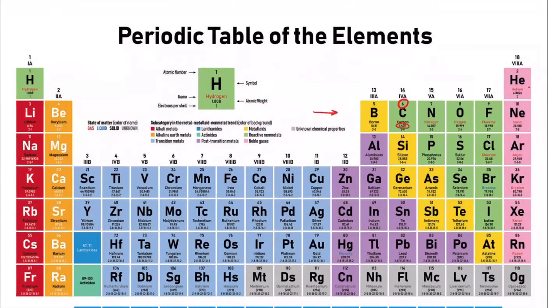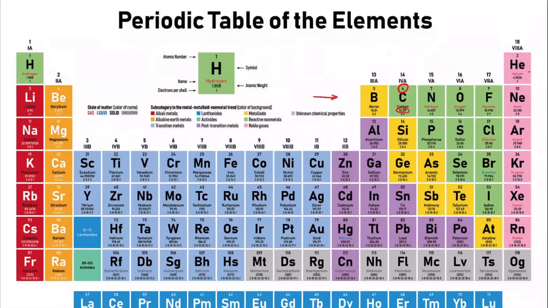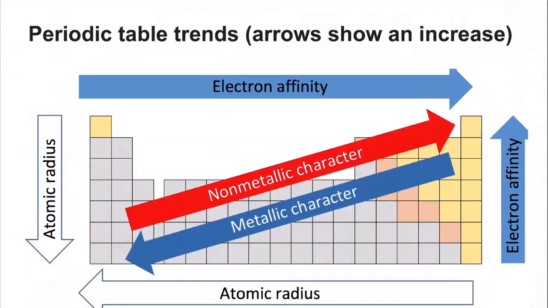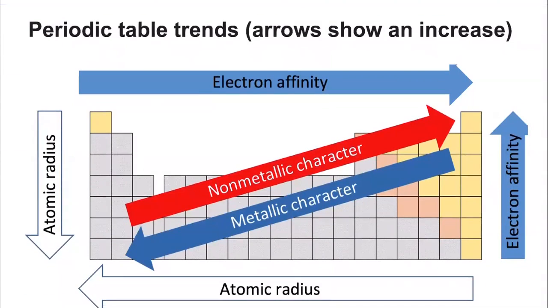But in this class, what we're trying to know is the general trend. So what is the feature of the elements in this table, okay? So in general, if you go from the left to the right, then the electron affinity is going to increase. What we mean by electron affinity is basically how much this element wants to grab an electron from other elements, right?